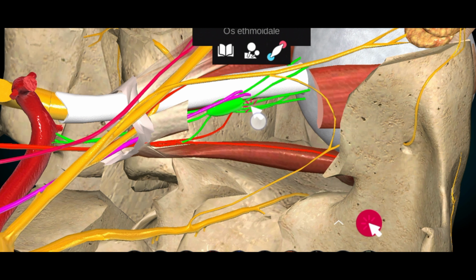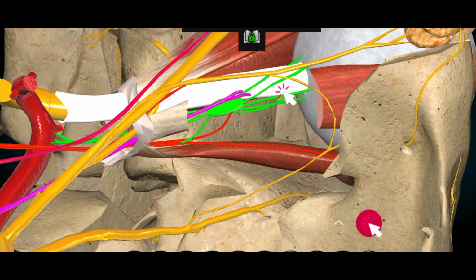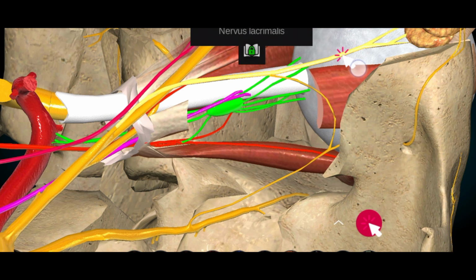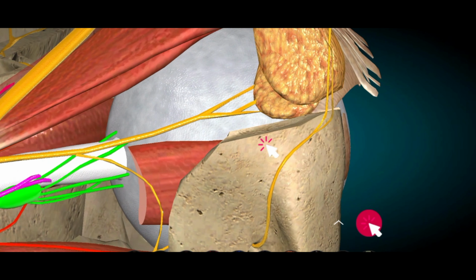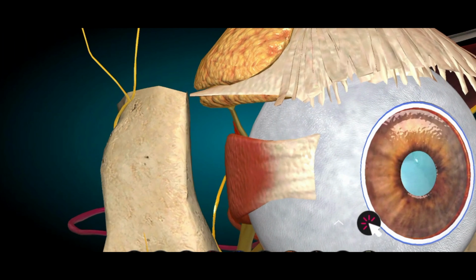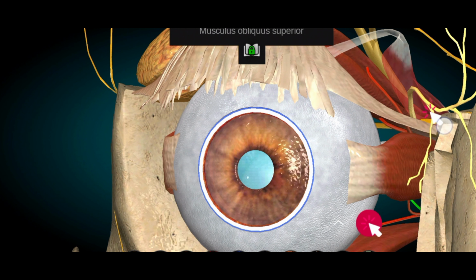These are the short ciliary nerves, which supply the cilia. This is the lacrimal nerve, which controls lacrimal secretion from the lacrimal gland. And this is the infratrochlear nerve.